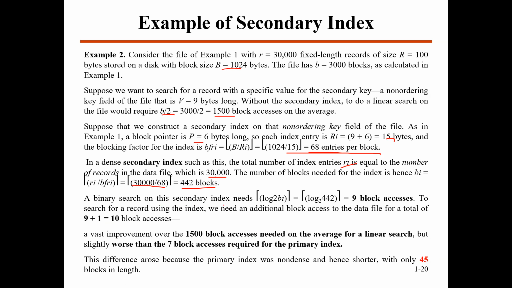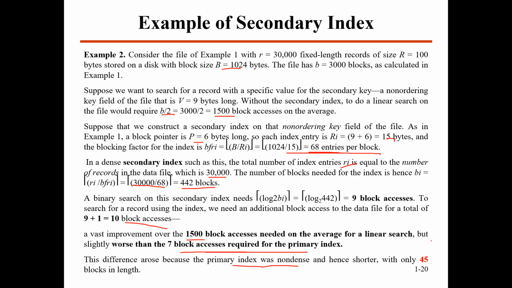A binary search on the secondary index is going to be log 2 of 442, which is like 9 or 10 block accesses. A vast improvement over 1,500 block accesses on a linear search, and 7 block accesses in the primary search. The difference is because the primary indexes were sparse and they were shorter. But here the secondary indexes are dense and they are not shorter.